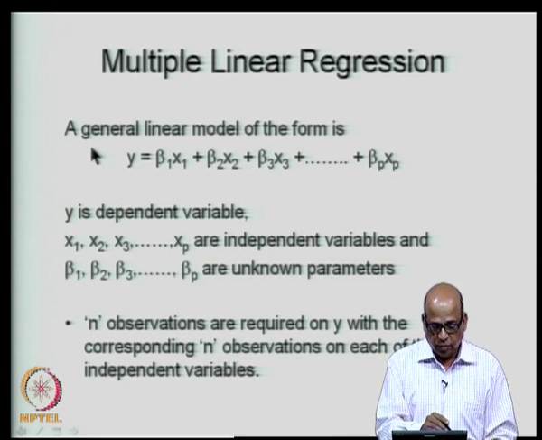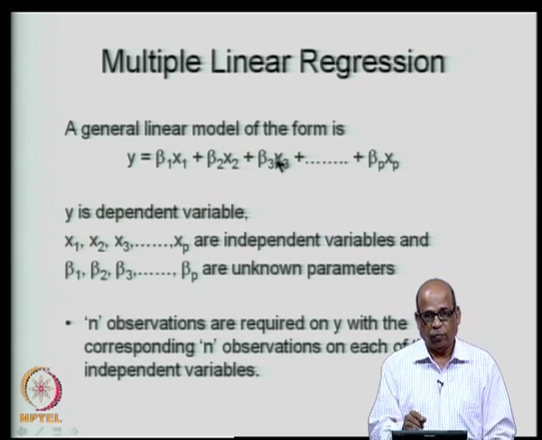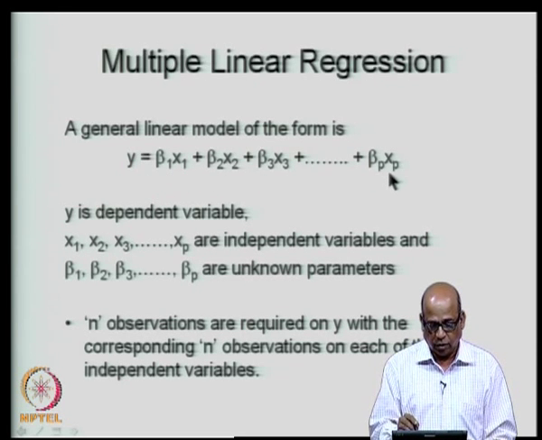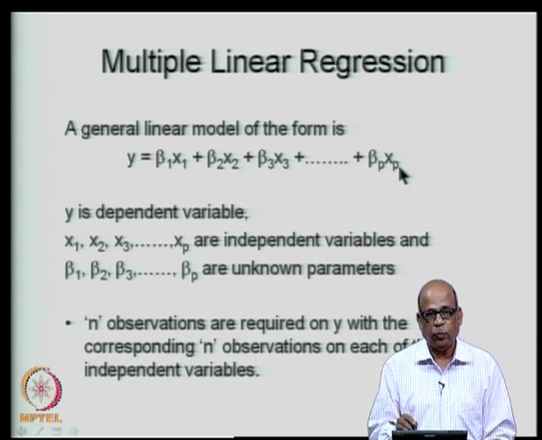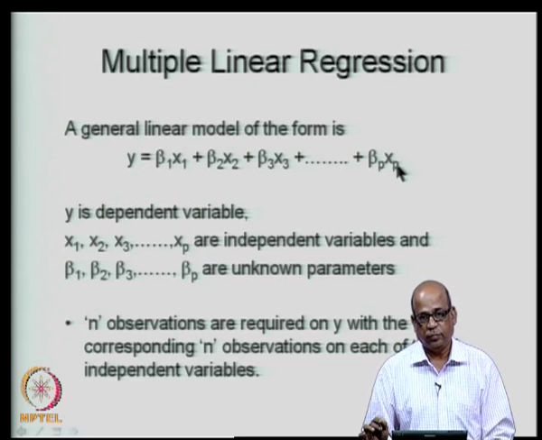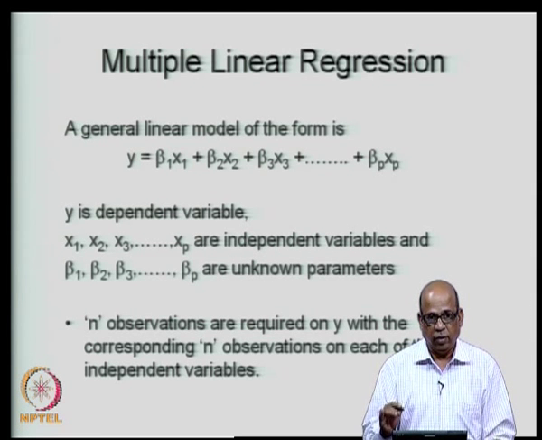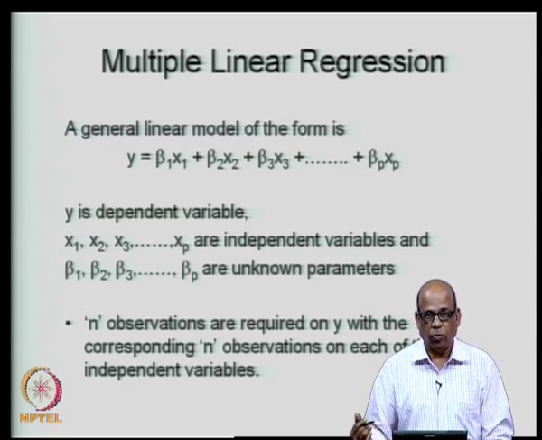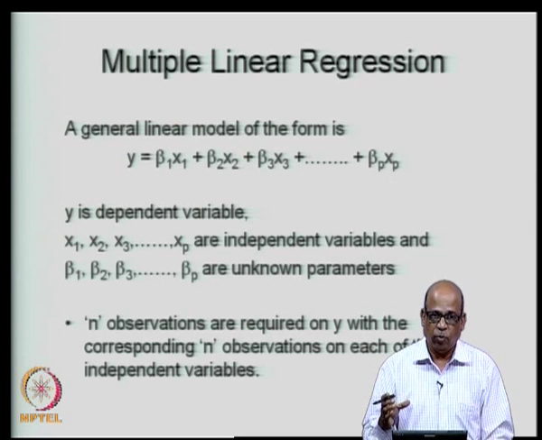So, we write the general linear model for the multiple regression as y is equal to beta 1 x1 plus beta 2 x2 etcetera, beta p xp. x1, x2, x3 etcetera, xp are the independent variables. Rainfall and soil moisture may be related; we will consider how to handle such situations in the next topic, where we discuss how to handle correlated variables.